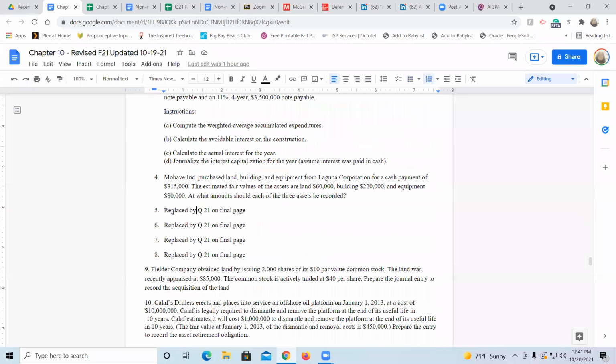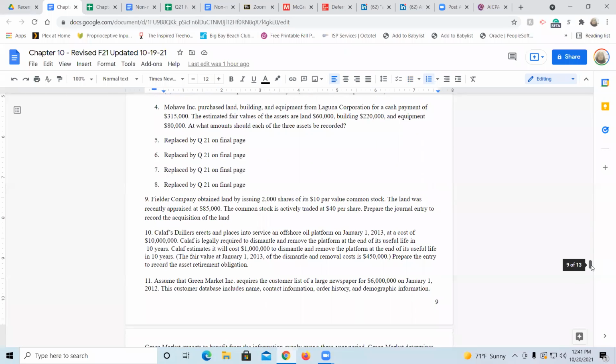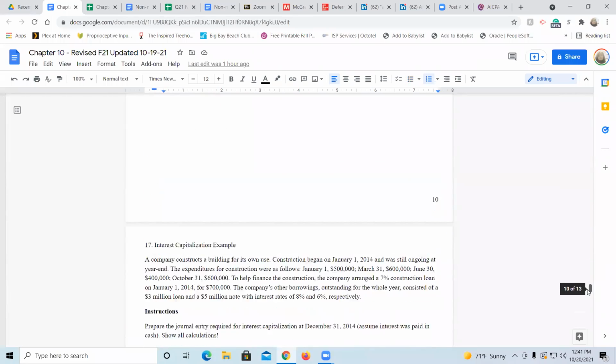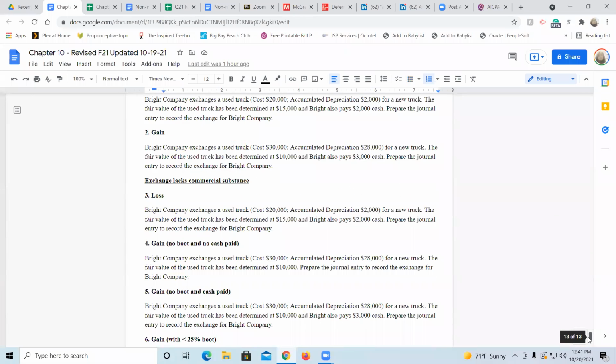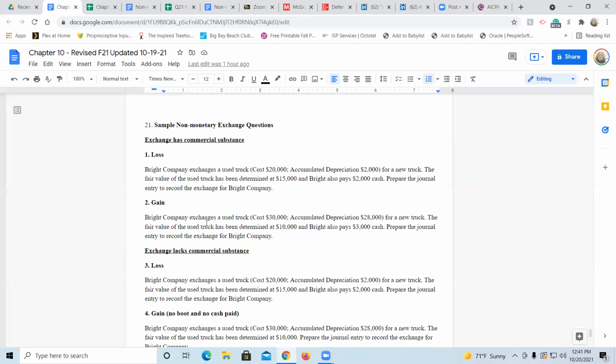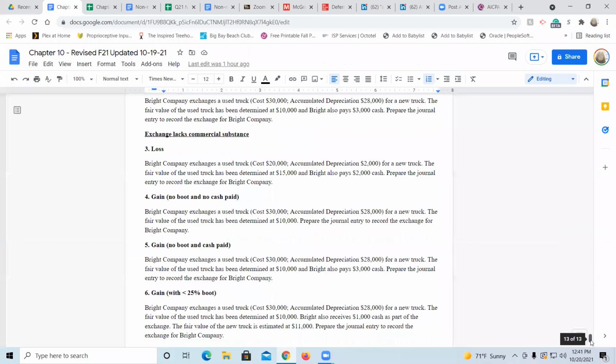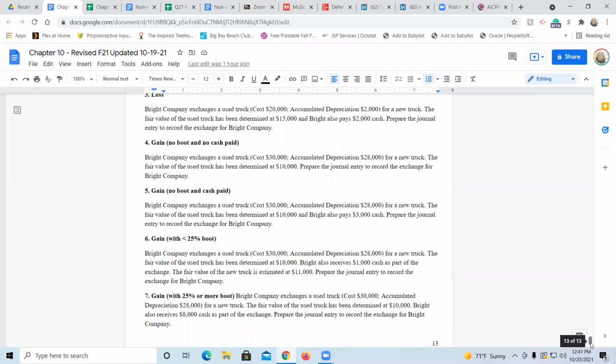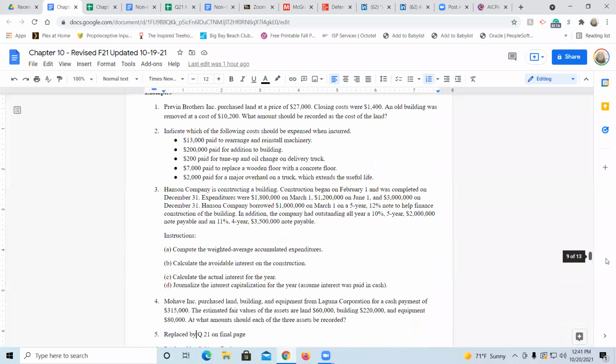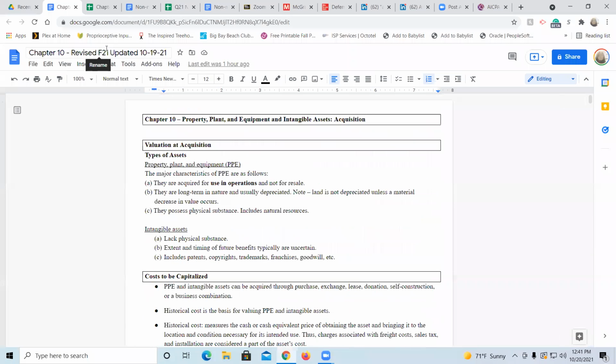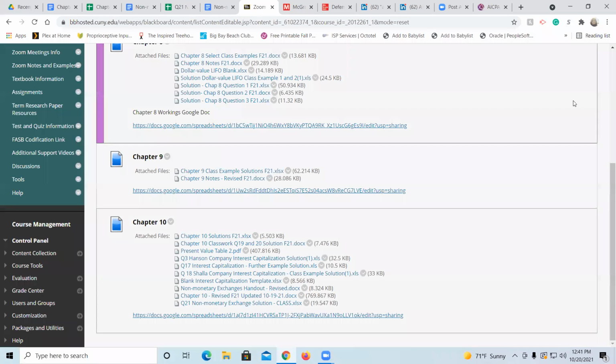So I replaced questions 5 through 8, which were all separate examples and didn't really flow systematically, with non-monetary exchange examples that go systematically through exchanges with commercial substance, loss or gain, exchanges that don't have commercial substance, exchanges where you receive money, and so on. So we'll go through all of that next week.